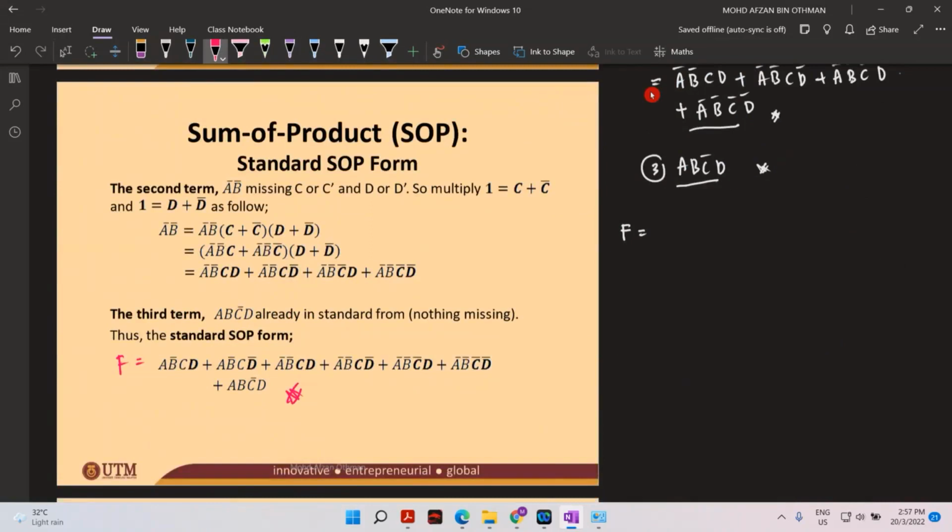Nanti from here kita nak transfer ke truth table, yang tu kita buat in the next class. Okay, so any question for the standard SOP form? Next kita tengok POS pula. Ada soalan tak?